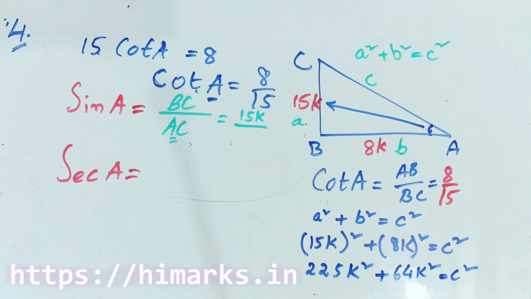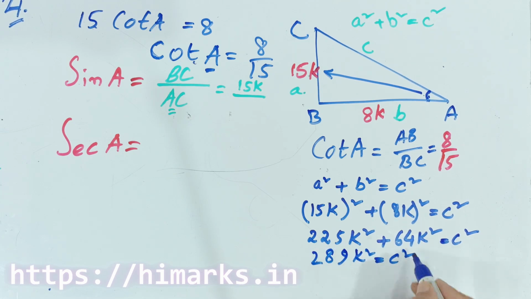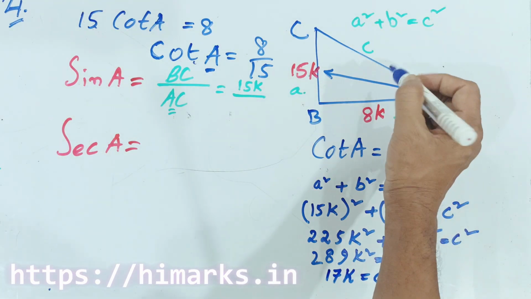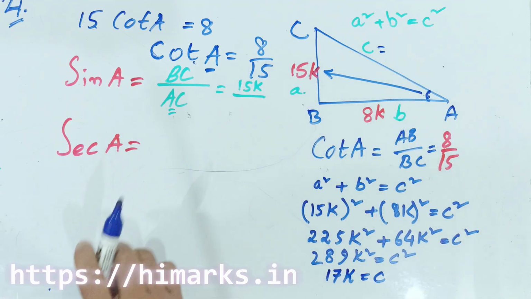This gives 289k square equal to C square. If you take the square root of both sides, you get 17k equal to C. So this C value became 17k.